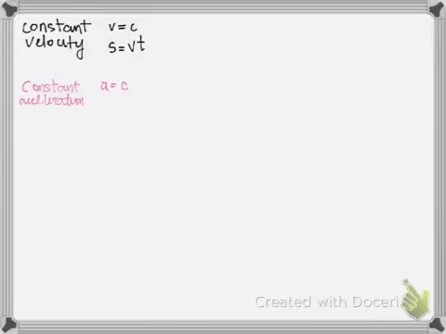Then the three equations of motion, which were v is equal to u plus at, then s is equal to ut plus half at square, and then v square minus u square is equal to 2as. So these were the main equations that we used. So let us just move on with the questions.